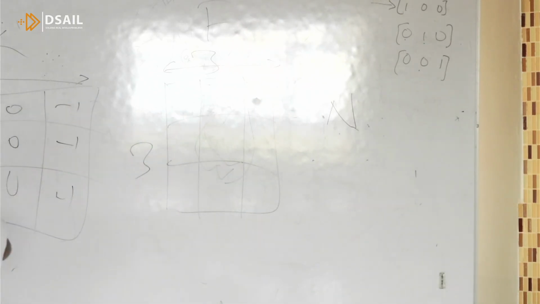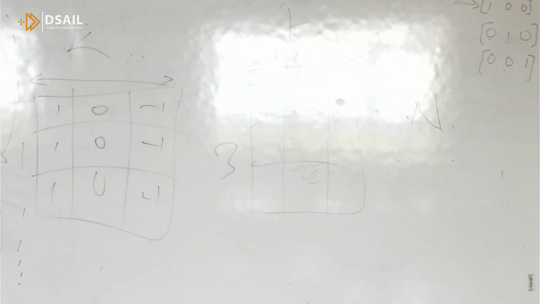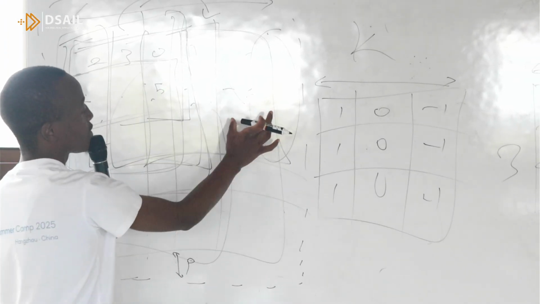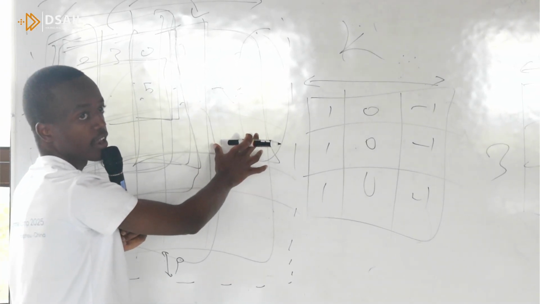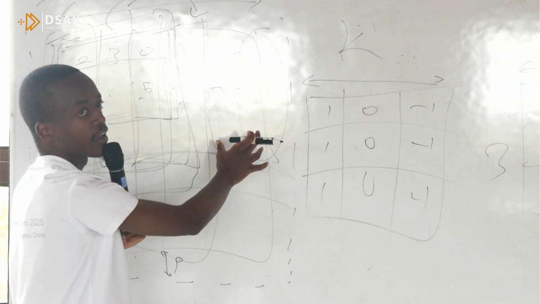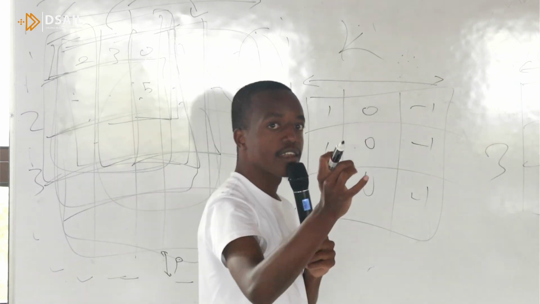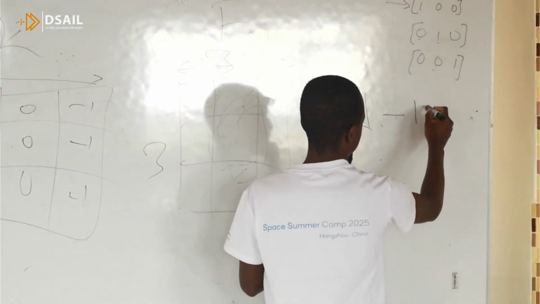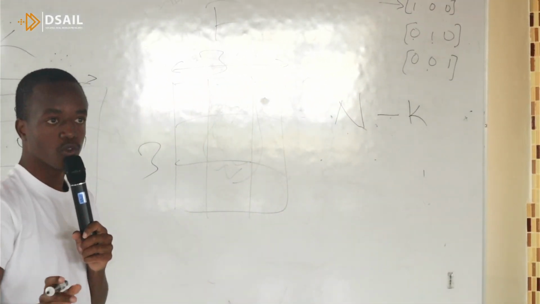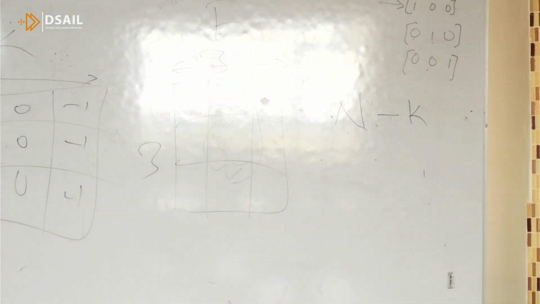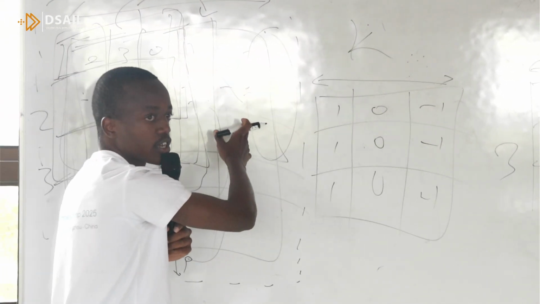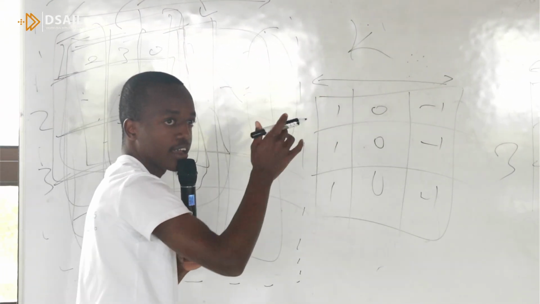When we have this n, and the kernel is sitting here, kernel of k, how many pixels are remaining that it has not covered? N minus k, exactly. Are we together? So it's n minus k. So when it's sitting here, the pixels remaining that it is yet to cover is n minus k. Are we together?